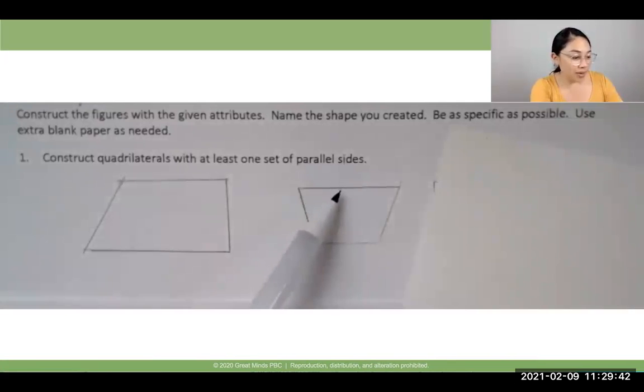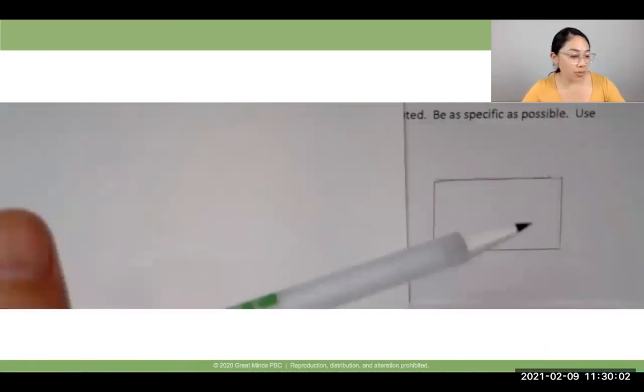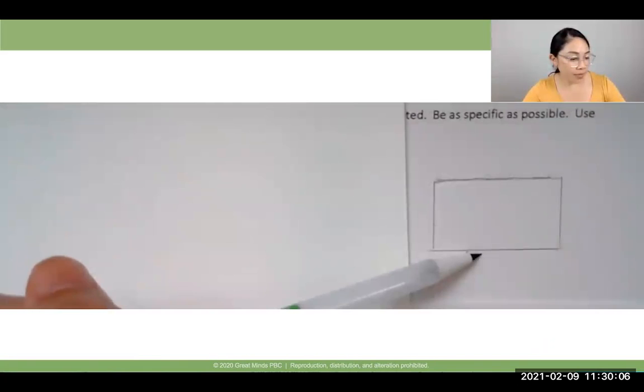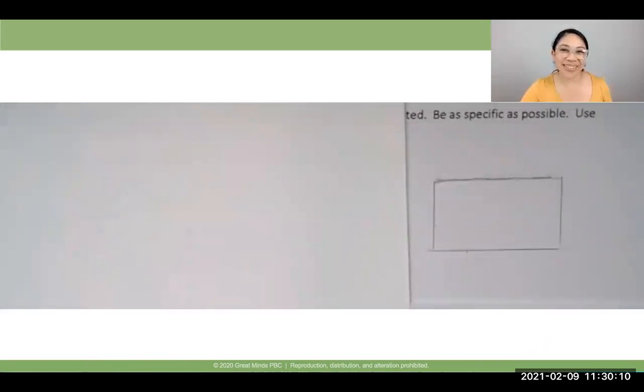It would be this line segment and this line segment are parallel. What about in the third trapezoid I drew? Can you identify two lines here that are parallel? This one actually has two. This line is parallel with this one, and this line is parallel with this one here.